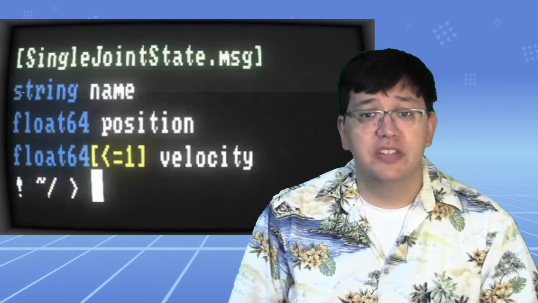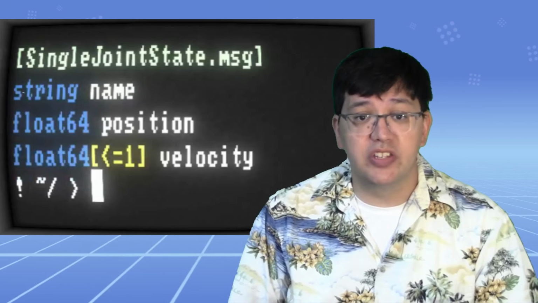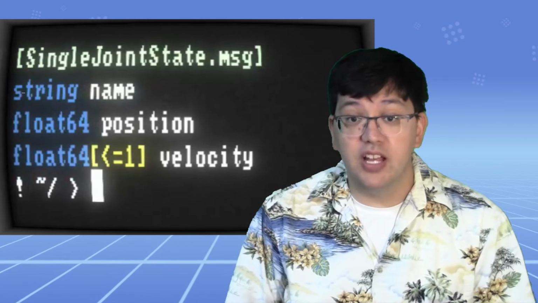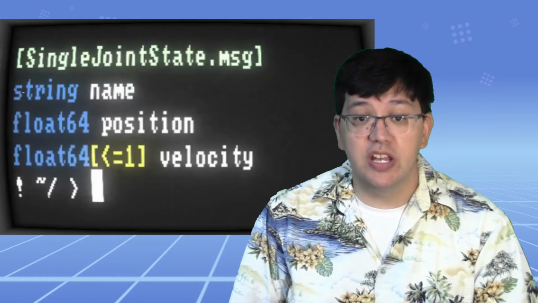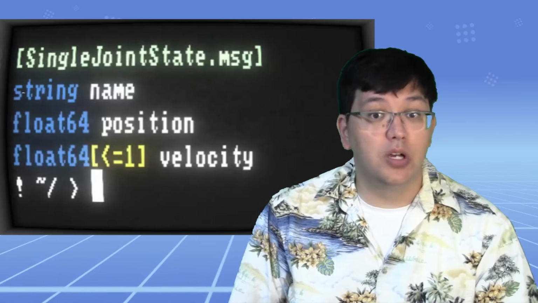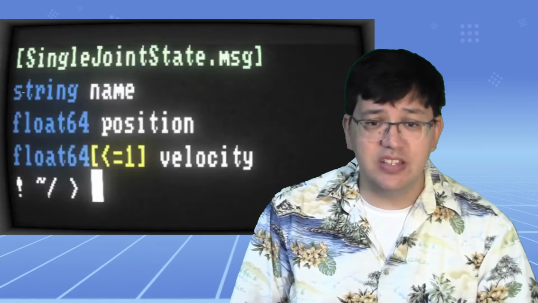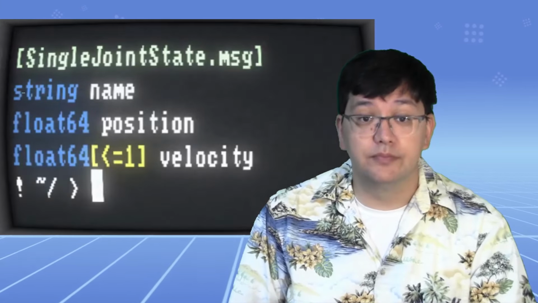Option 4 is flexible length arrays. The IDL allows us to bound the maximum size of an array, so we could just make up the definition for a single joint state with an optional velocity like this. So it has a name, a position, and less than or equal to 1 velocity. I haven't seen this used much, but it is possible.